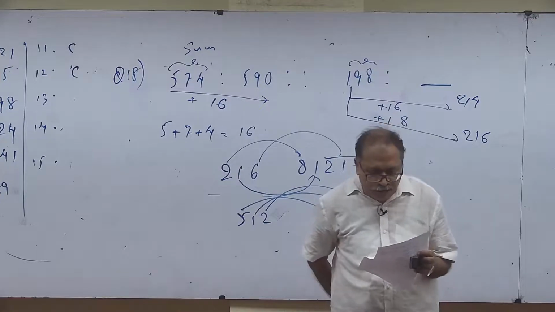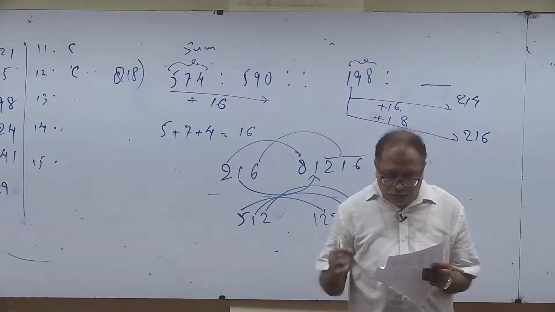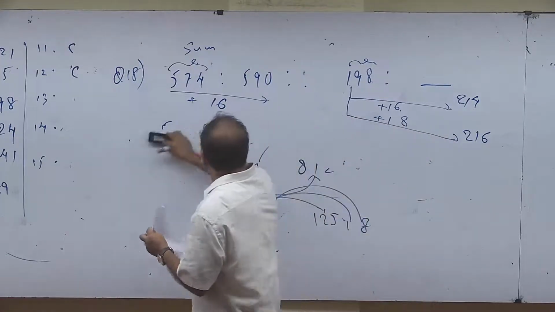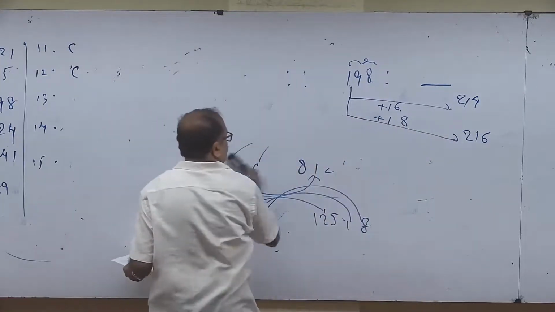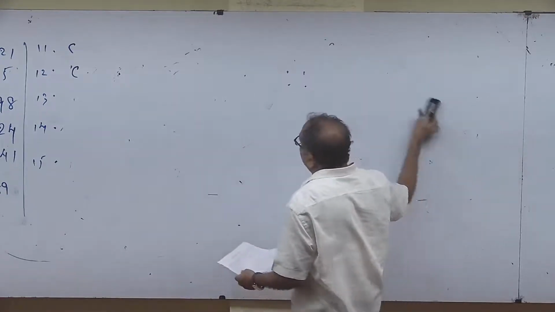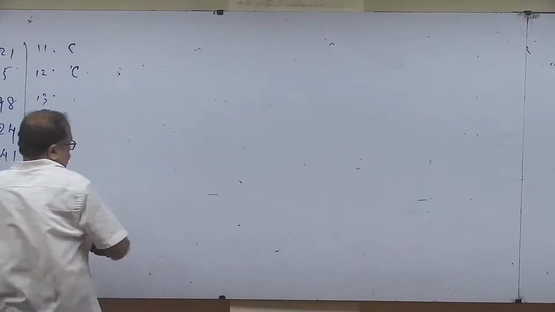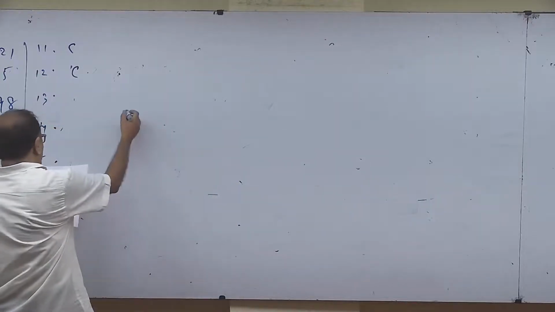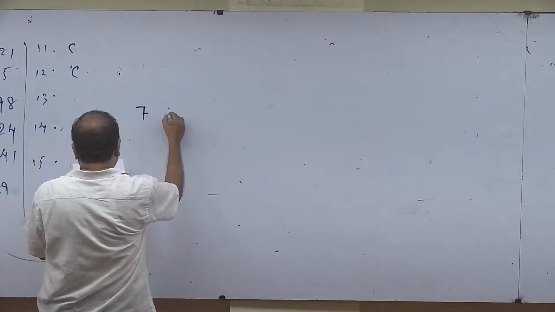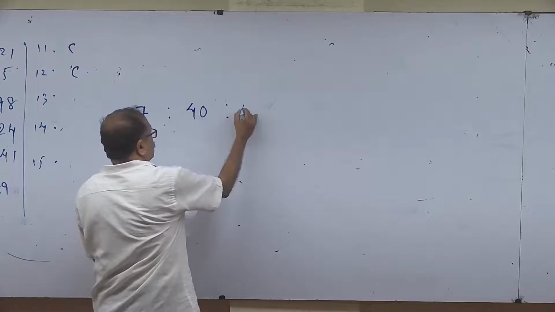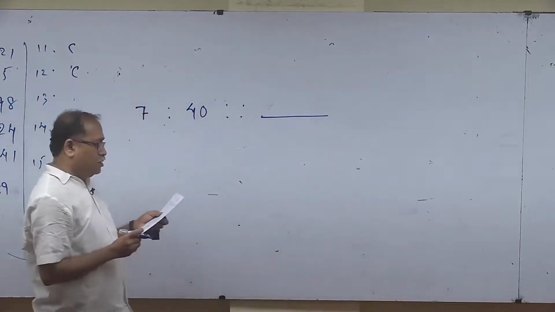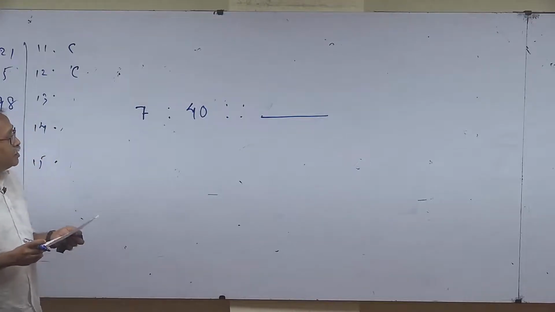So 7 and 40, fine. If this is 740, then dash, 19 is to 100.